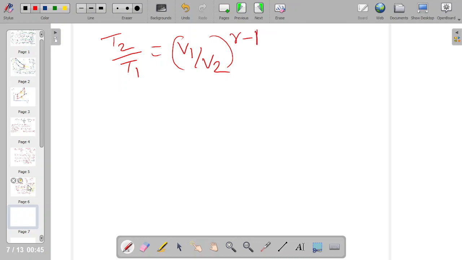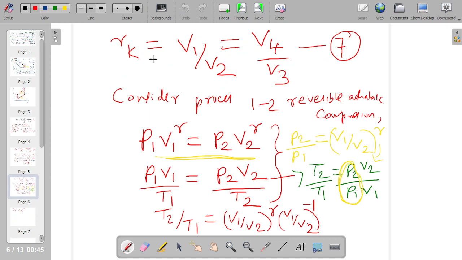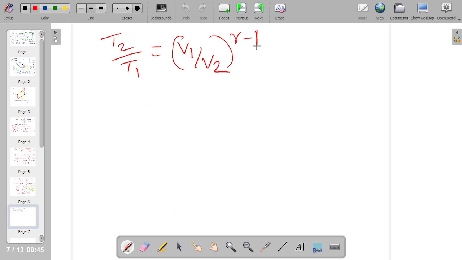And from equation 7, V1 by V2 is the compression ratio Rk, so this is Rk raised to gamma minus 1.